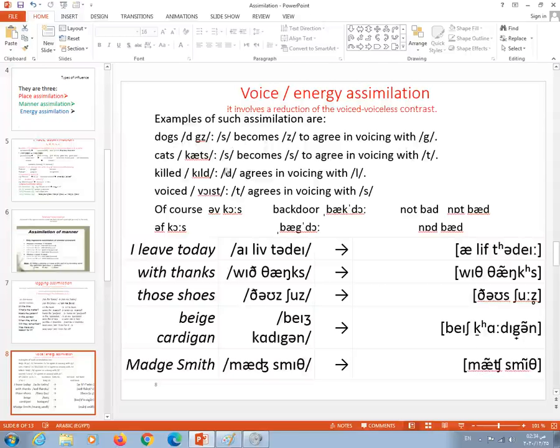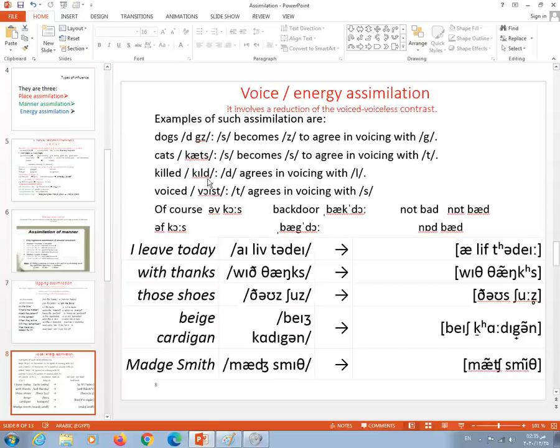Because "t", the final consonant in cat, is a voiceless consonant, so the plural "s" must match this voiceless consonant and be pronounced as "s", to agree in voicing with "t". Okay, killed: the "ed" here is pronounced as "d", voiced, to also agree in voicing with "l".